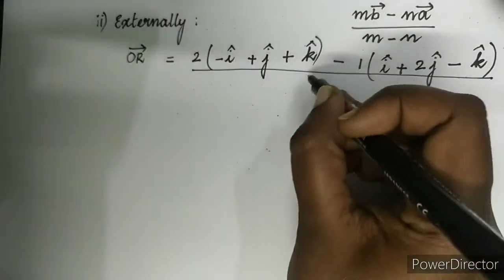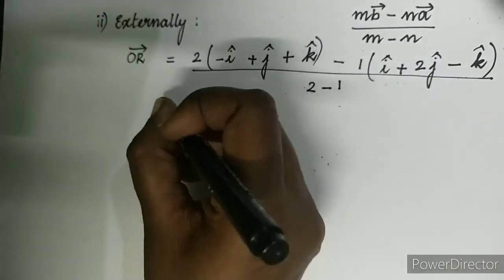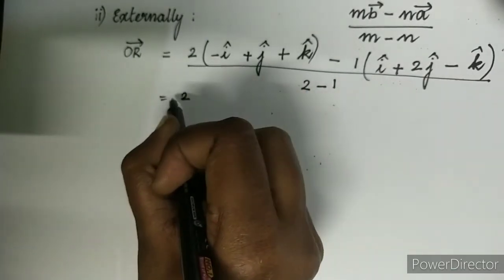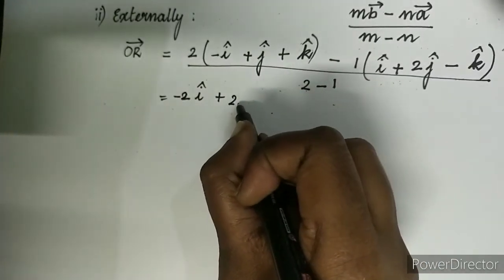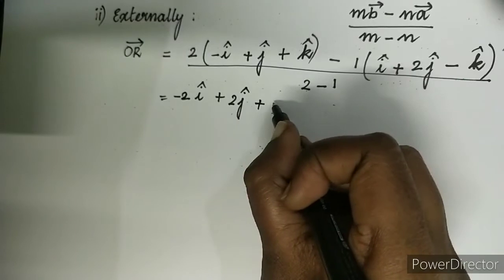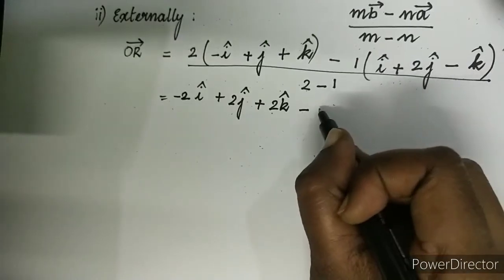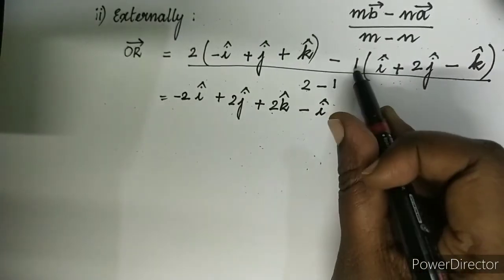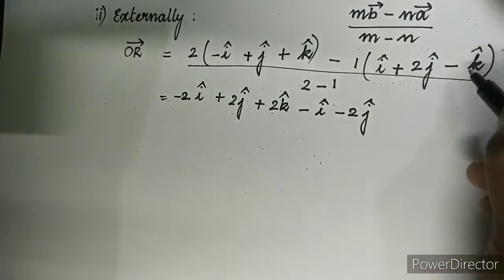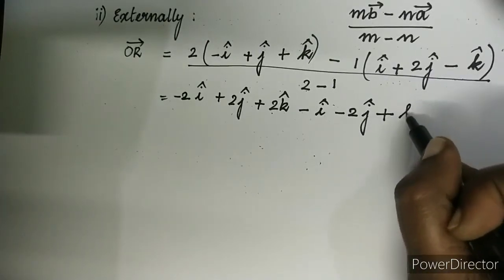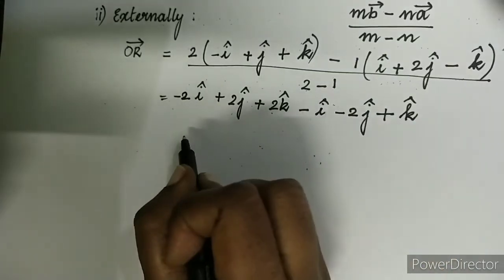Divide by m minus n, that is 2 minus 1. 2 into minus 1 is minus 2, so minus 2 i cap plus 2 into 1 is 2 j cap plus 2 into 1 is 2 k cap. We'll multiply by minus 1 inside: minus 1 i cap, minus 1 into 2 is minus 2 j cap, minus 1 into minus 1 is plus 1, so plus 1 k cap, divided by 2 minus 1 is 1, so no need to write 1.